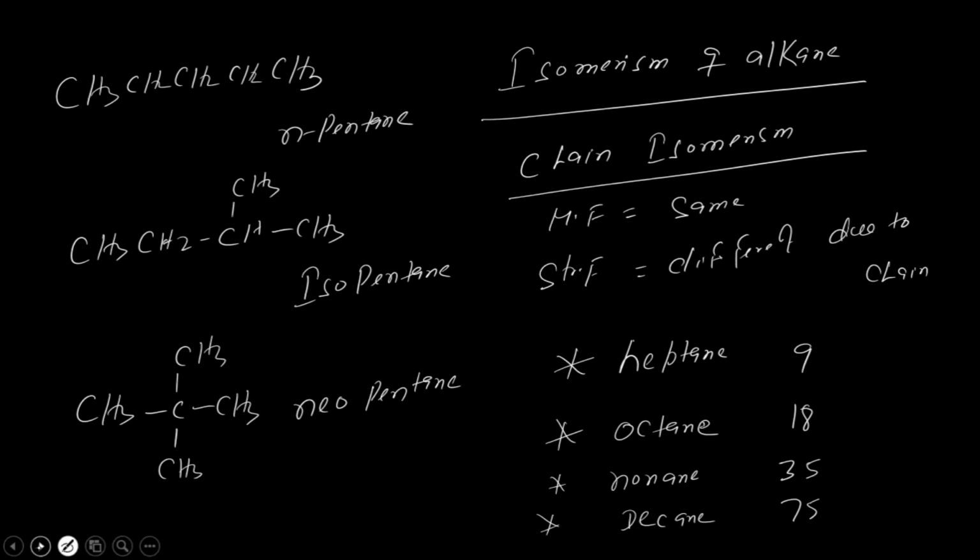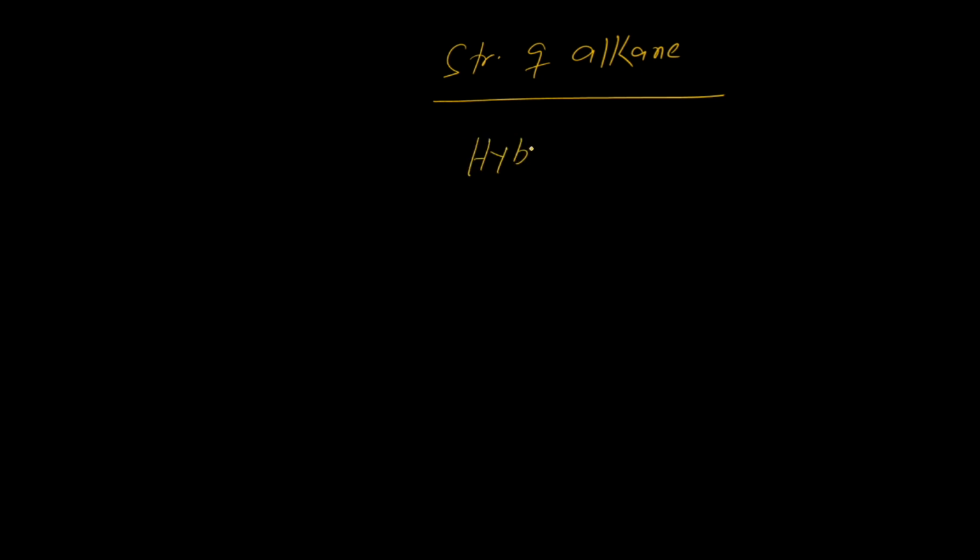Now let's move towards the structure of alkane. Basically, alkane has a tetrahedral structure. Now if you find out the hybridization of alkane, what is it?